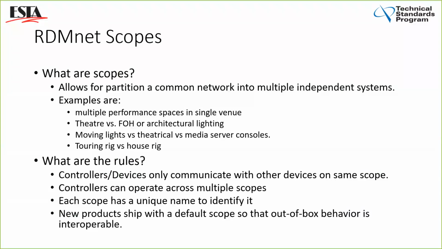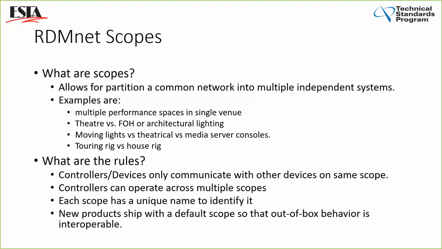Another example is a touring rig versus a house rig. This is actually one of the great strawmans we used during a lot of the development of how to make scopes work with the system, because I may have a house system in my theater, but I've got a touring show coming through, and they're going to bring their own lighting console and all of their lights that go on stage.